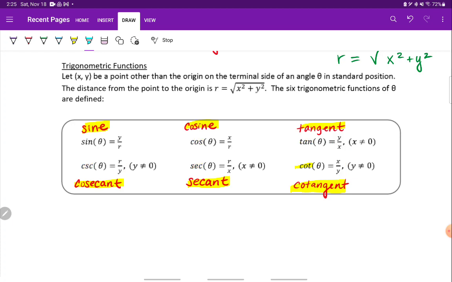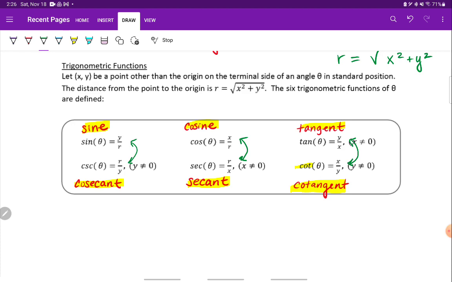And then you may have noticed with these definitions, the way I have them paired up, that these are all reciprocals of each other. So I try to always pair them up and know which ones are reciprocals of each other, because then if I know the definitions for sine, cosine, and tangent, then I automatically know the other definitions because it's just the reciprocal.